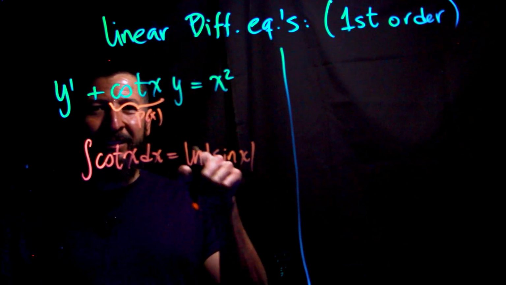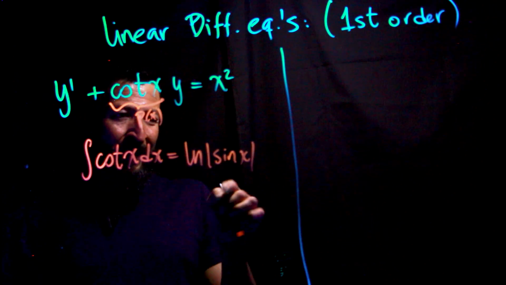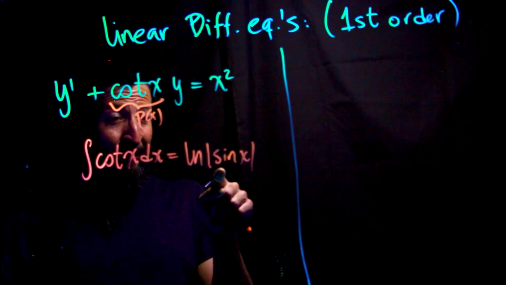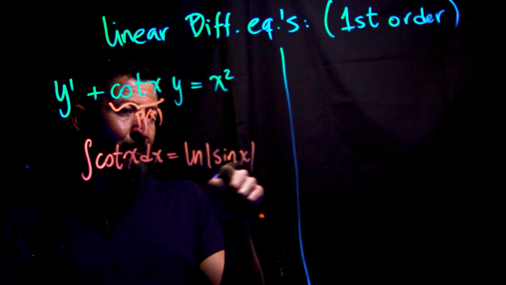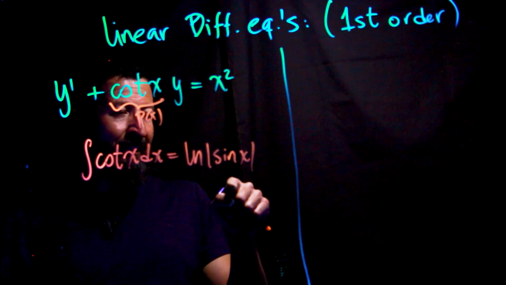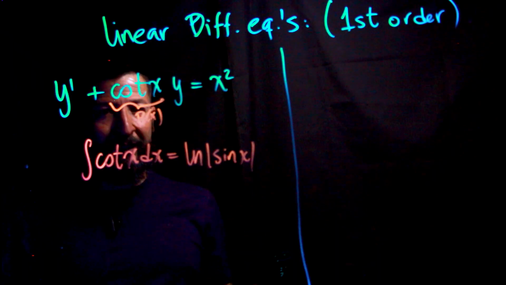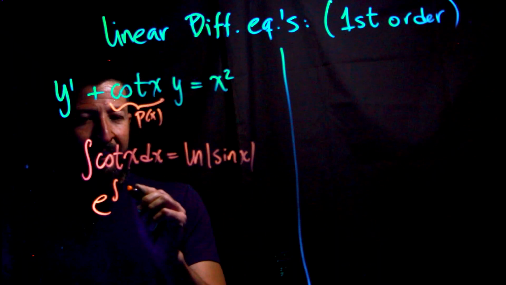Normally you write the negative natural log of the cosecant, but then you put the negative inside, which is the natural log of the sine. And the derivative, if you want to check it by chain rule, the derivative of natural log is 1 over u times u prime, u being the sine, so you get 1 over sine times the derivative of sine, which is cosine, cosine over sine, cotangent. Perfect.